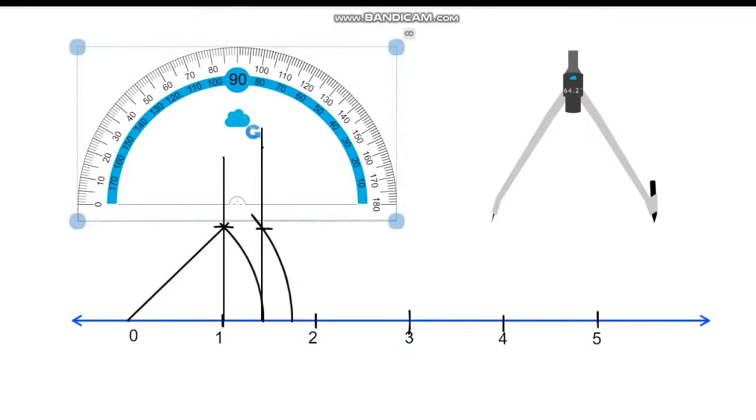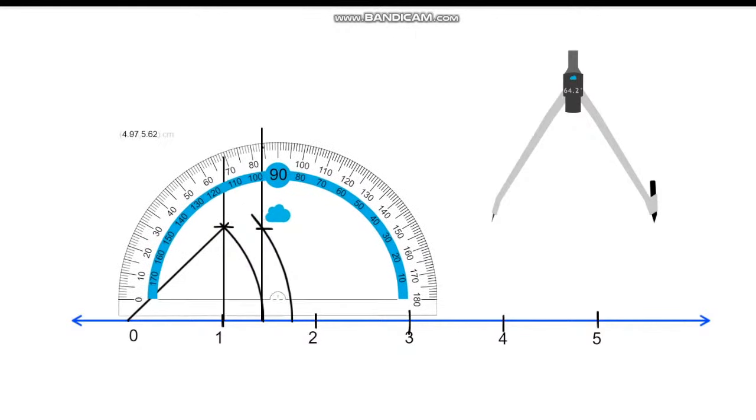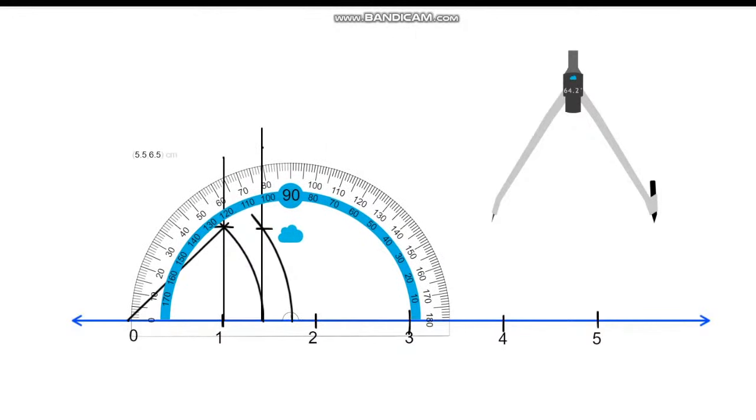Root 4 is equal to 2, which is a rational number, but let us check if our next arc falls on exactly 2. Then we can easily check that our previous steps, root 2 and root 3, are okay.